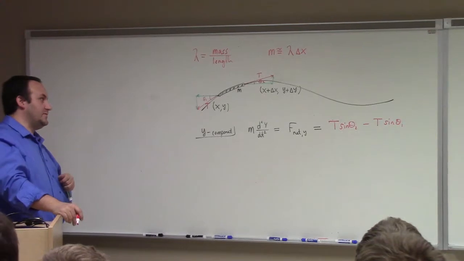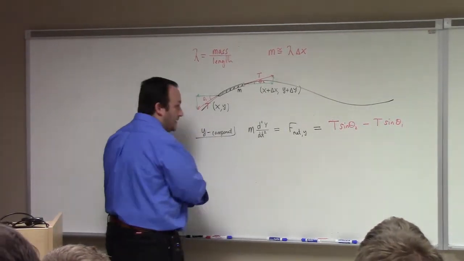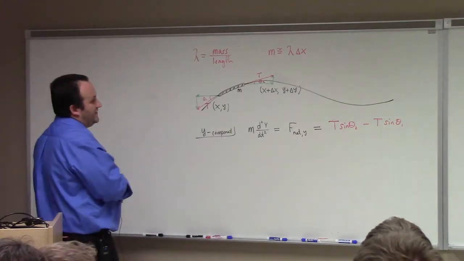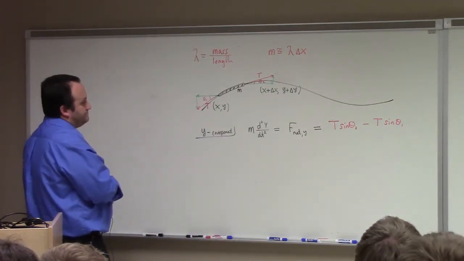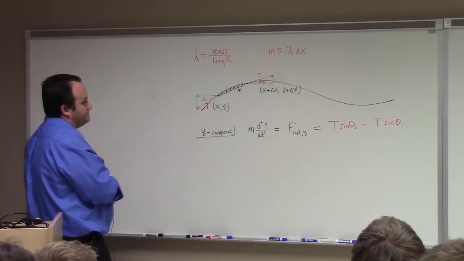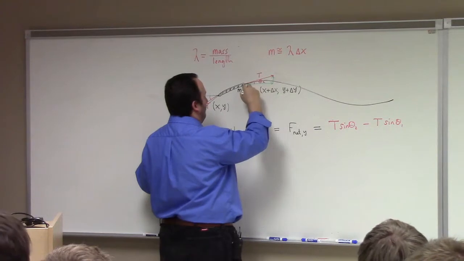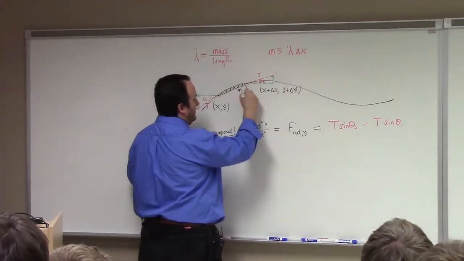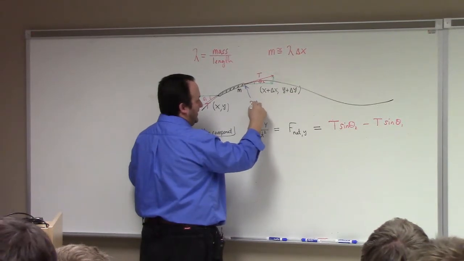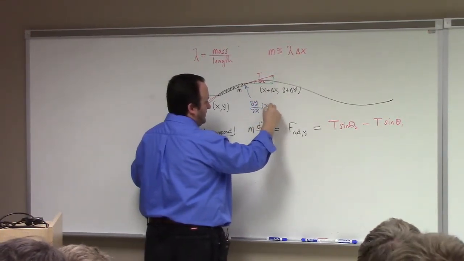Now, what's the slope? Let's see here. I say this. So the slope here would be what? I need to. So right here, slope would be partial y, partial x at x plus delta x.